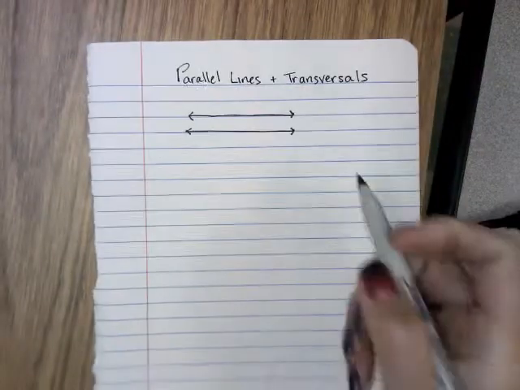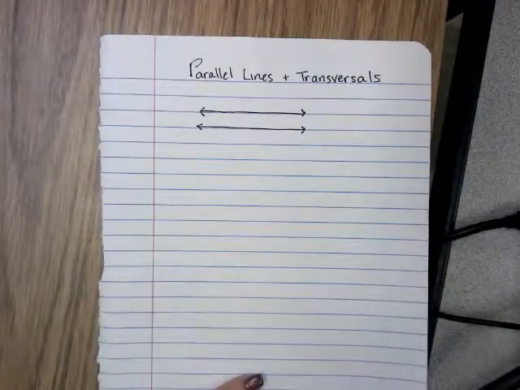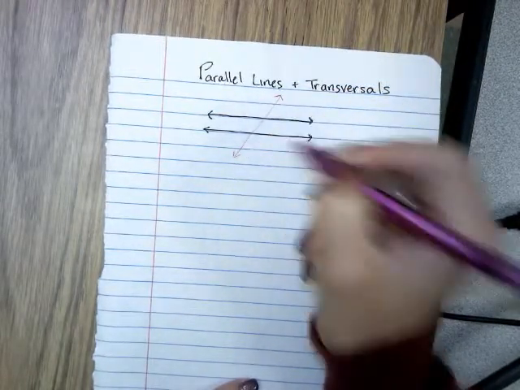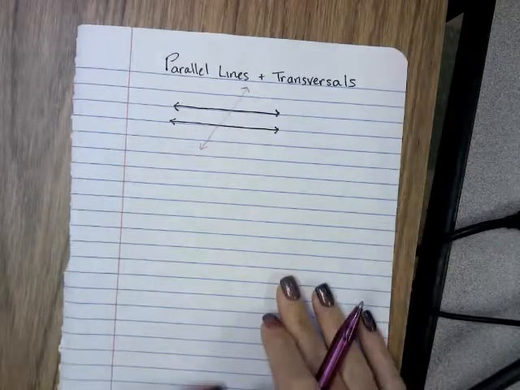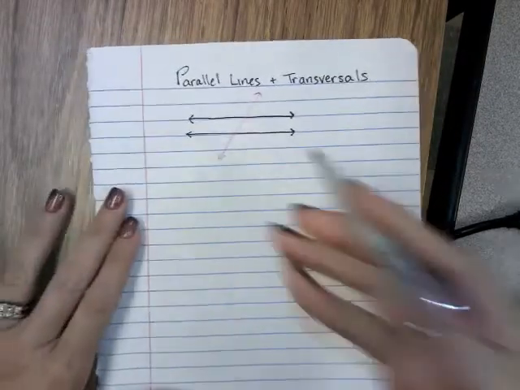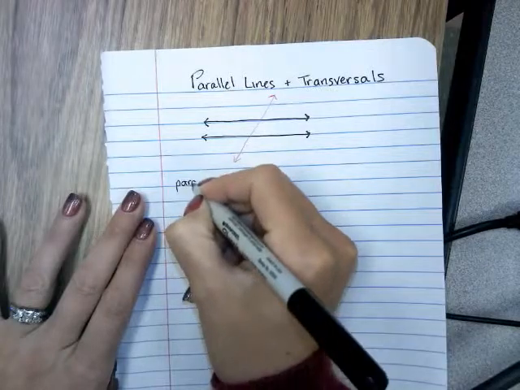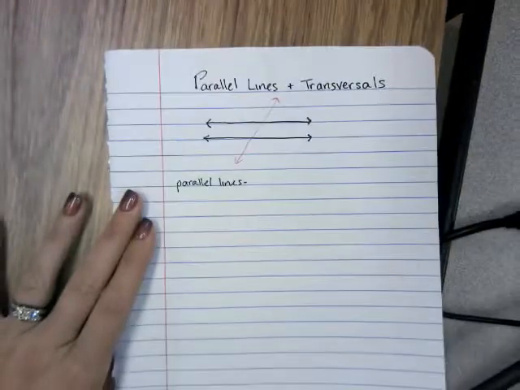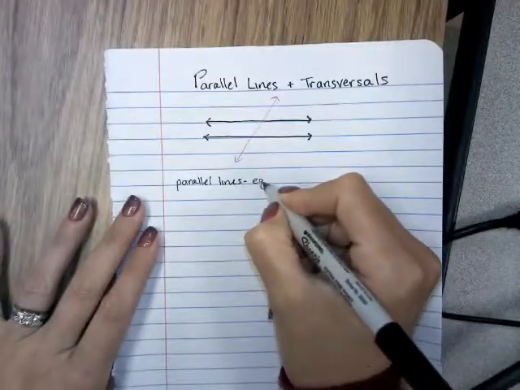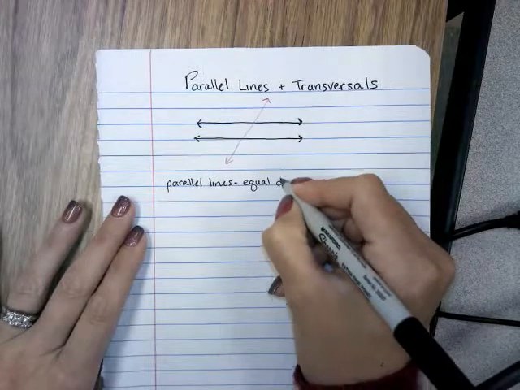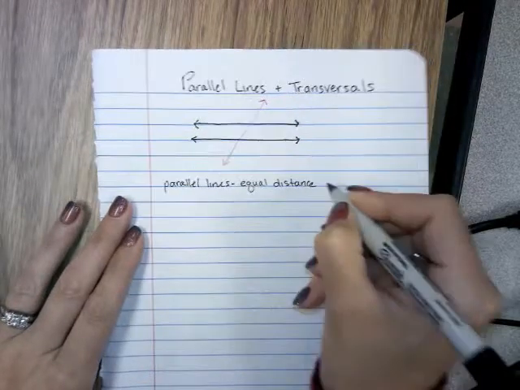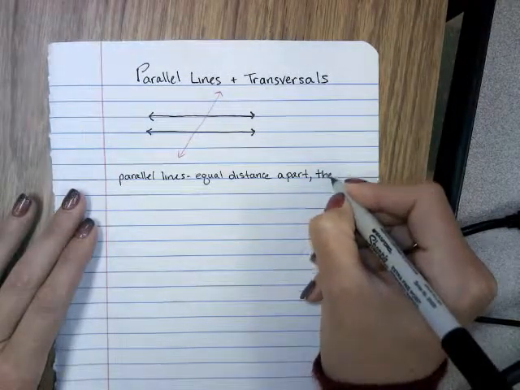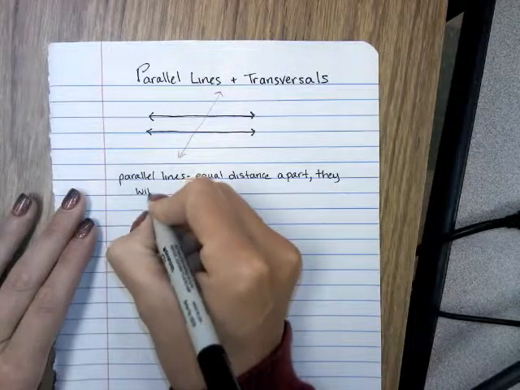Parallel lines. I'm going to use the lines on my paper because they are a perfect example of parallel lines. And a transversal is a line that intersects parallel lines. So, definitions, parallel lines are lines that are equidistant apart, and because they will never cross, never touch.